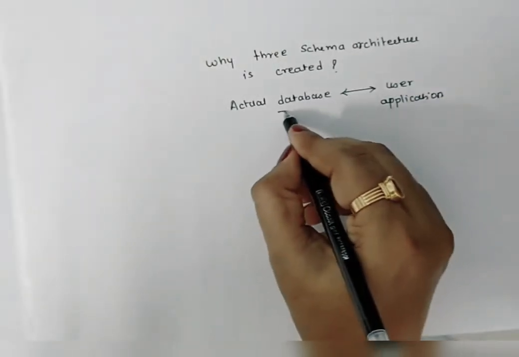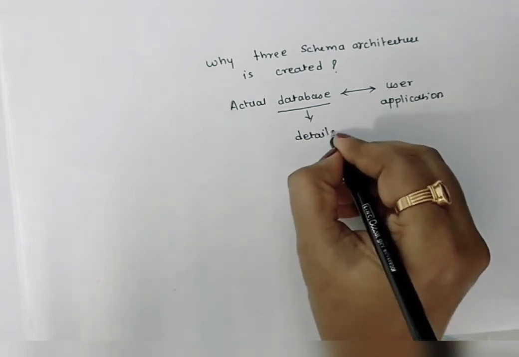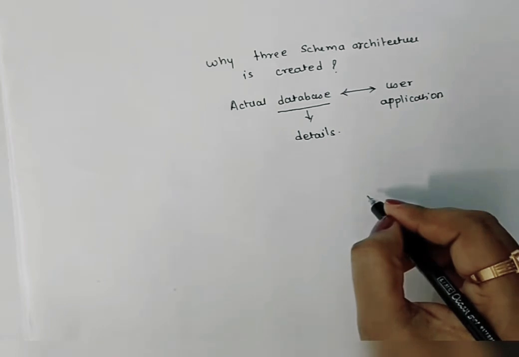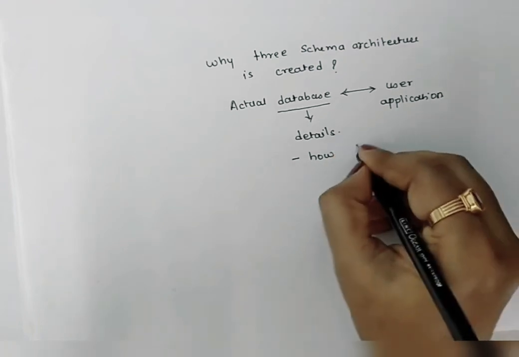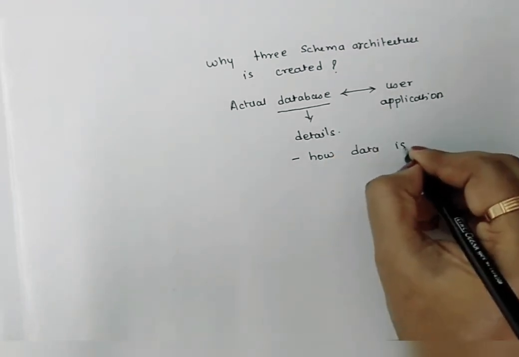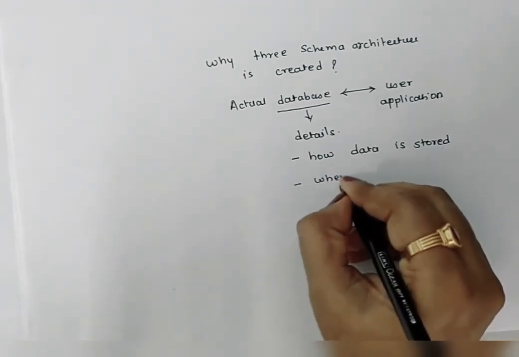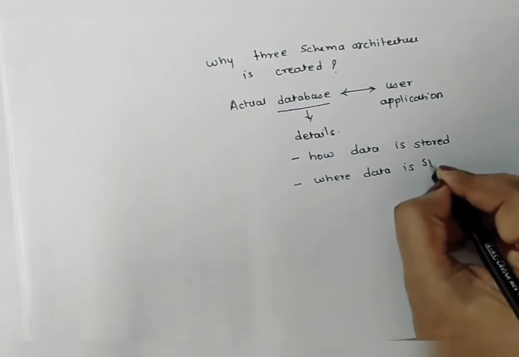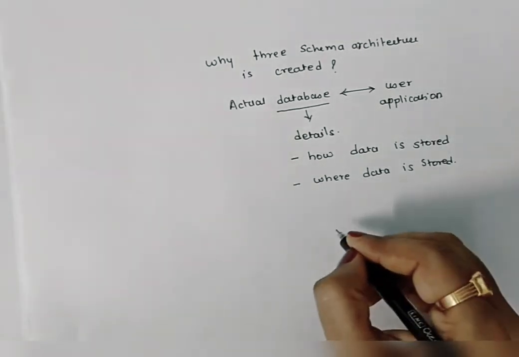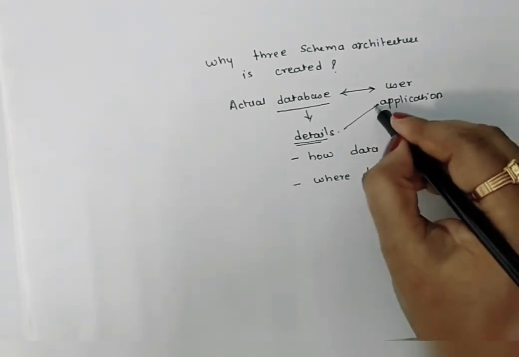Means here we are hiding the details of the database from the user applications. So which type of details we are hiding? Details like how data is stored, where data is stored, etc. So we are not providing the details of the database to the user applications.